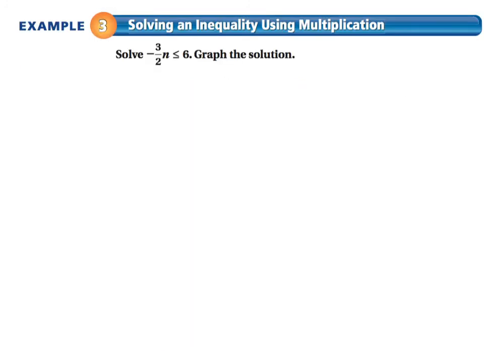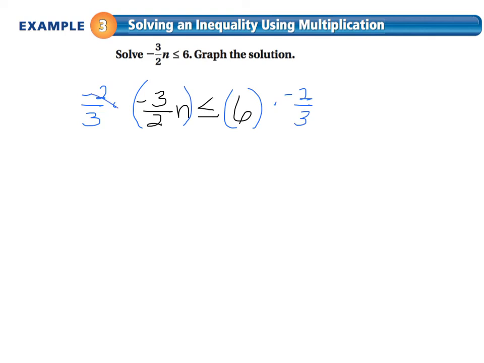Example number 3. Negative 3/2 n is less than or equal to 6. I have to get rid of a multiplication of negative 3/2. Just like what we did before, we can divide by negative 3/2, which means you are multiplying by the reciprocal. So I am multiplying by negative 2/3. This cancels. You're left with n is less than or equal to... wait a minute, let's erase that. 6 times negative 2/3 is negative 4.